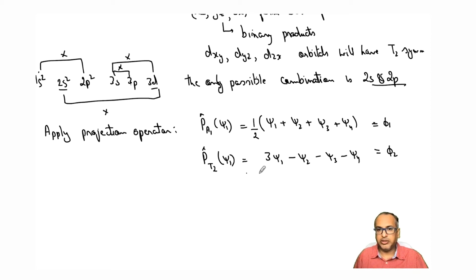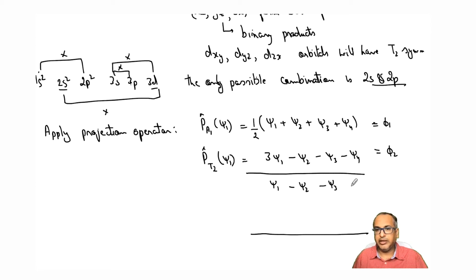Now this can be broken down into a linear combination of 3 independent orbitals: psi1 minus psi2 minus psi3 plus psi4, psi1 plus psi2 minus psi3 minus psi4, and minus psi2 plus psi3 minus psi4, right?